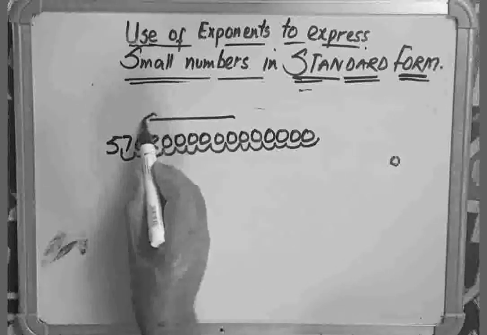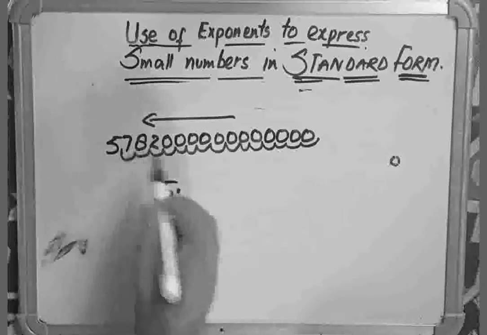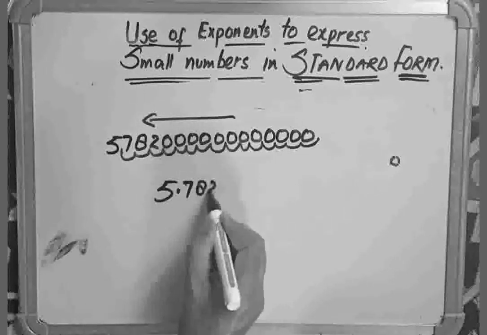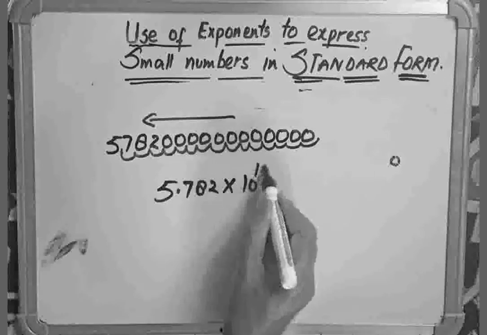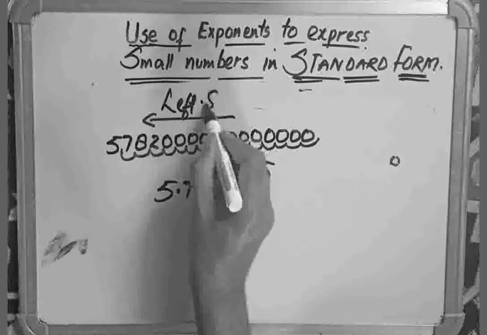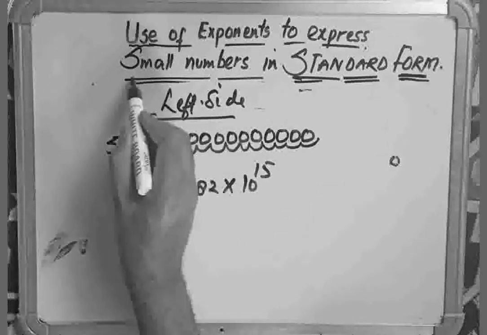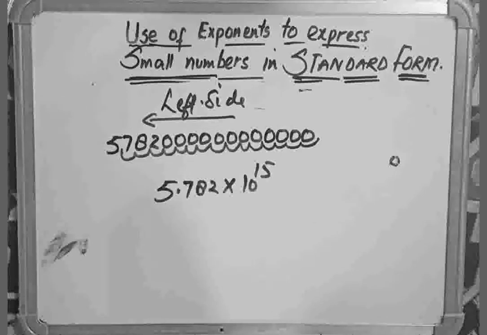So we are dragging the decimal towards the left side, and it becomes 5 point. So we mention 5.782 into 10 raised to power 15, not minus 15, because we are dragging towards the left side. The same procedure is followed when we convert small numbers into standard form.